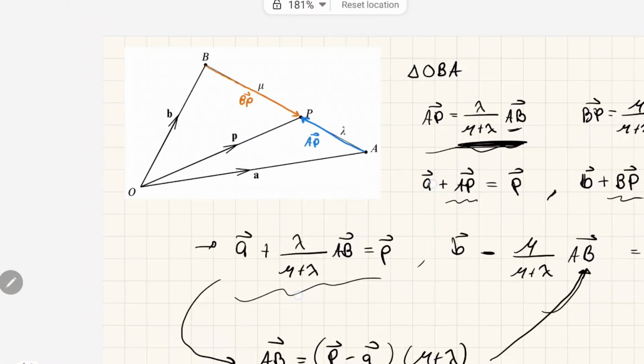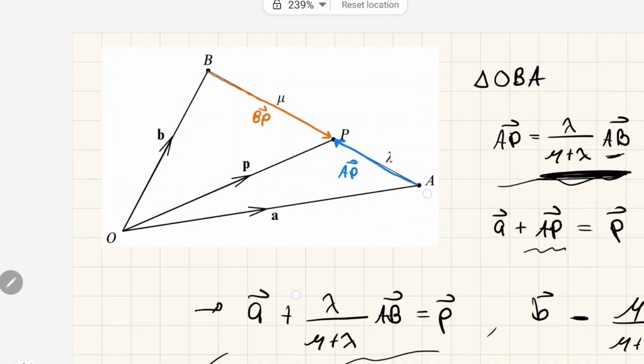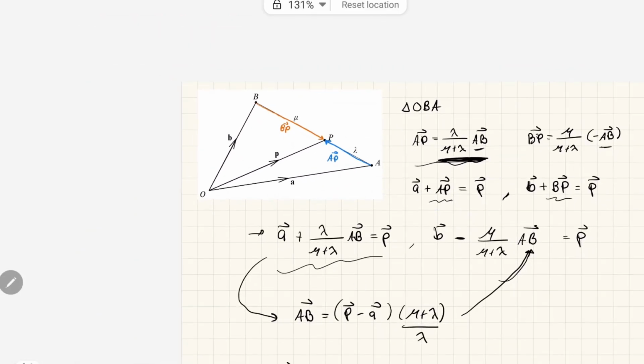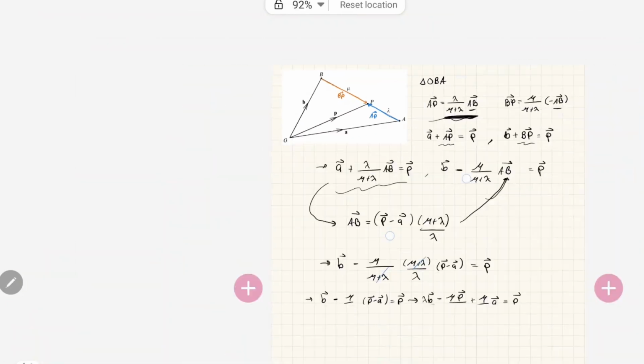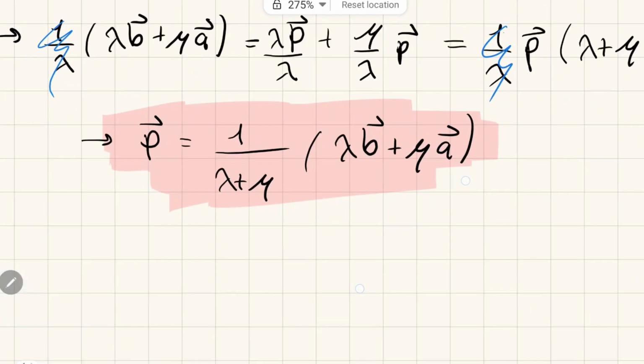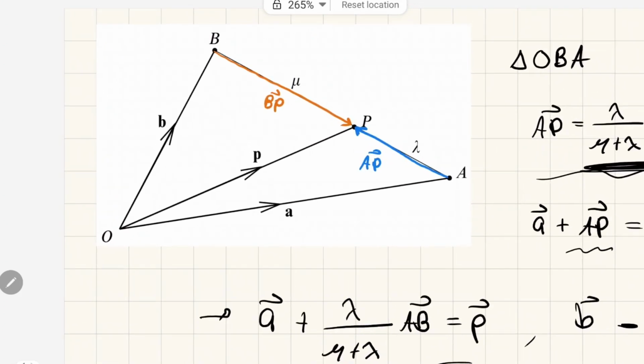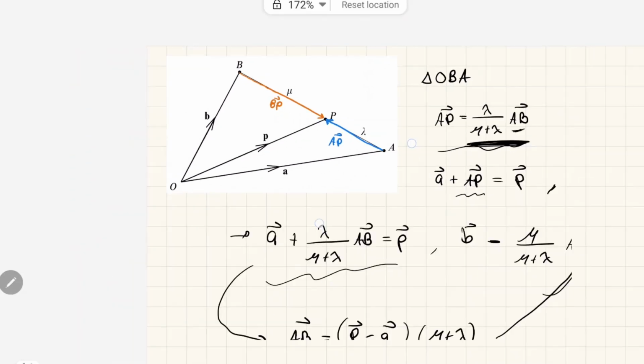It is important to have this kind of image to see what this equation means. In principle, this equation does not have any meaning without the context of the image that explains the proportion between AP and AB and between BP and AB.